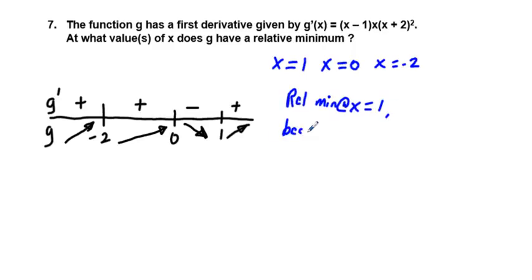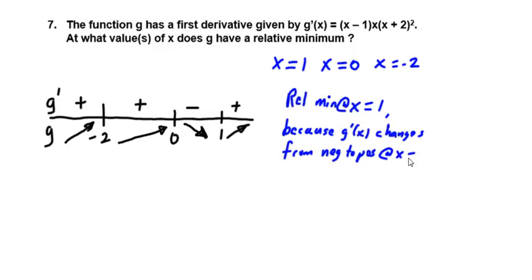Because, I said f, I'm going to put g, because g prime of x changes from negative to positive at x equals 1. So that should have been pretty easy.